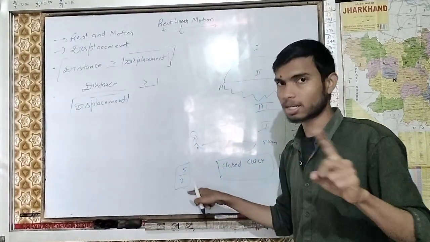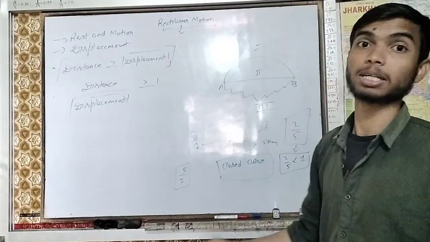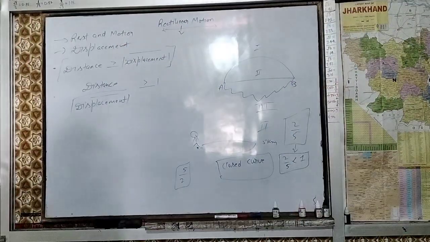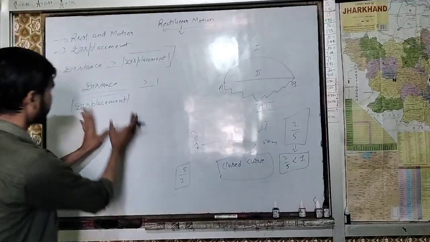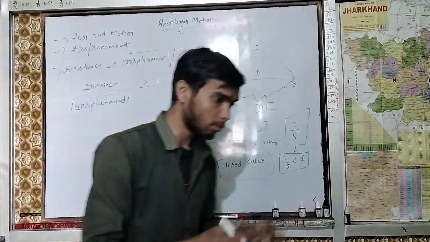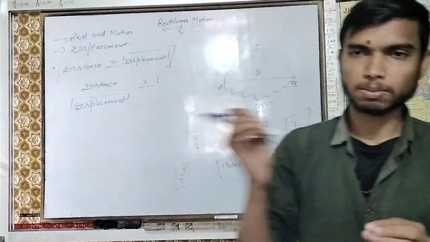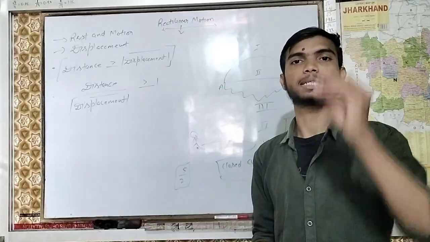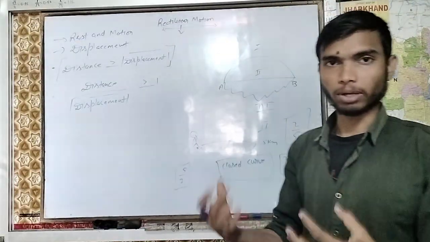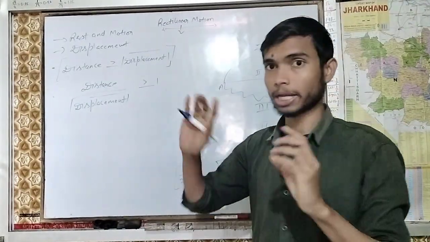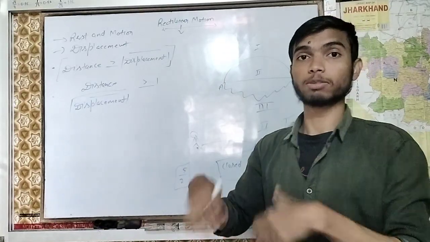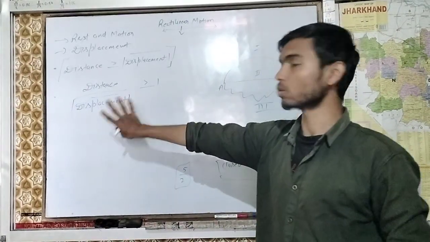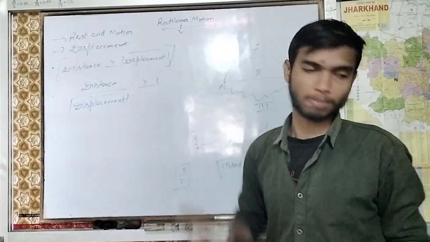When it is simplified, the answer will be greater than 1. Same over here: if both are not the same, displacement is going to be small and distance is going to be greater. When simplified, of course, the number will be greater than 1. That is the whole thing in this part.